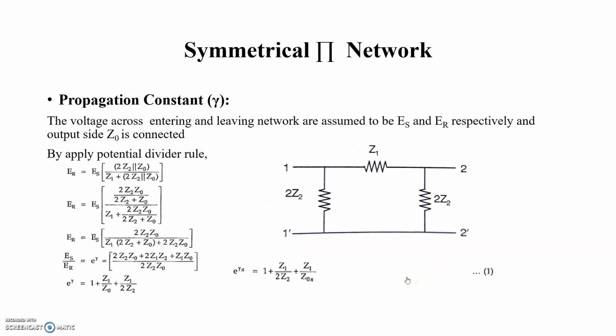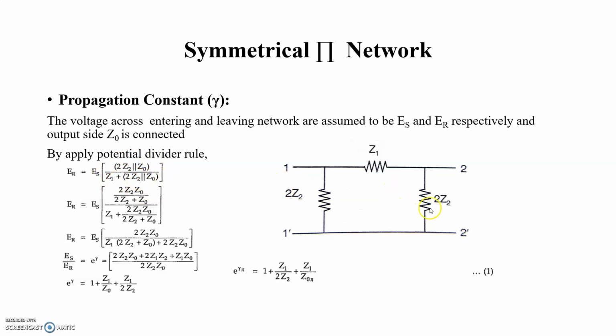Next, the propagation constant. The voltages across the entering and leaving nodes are assumed to be ES and ER respectively, and the output side is connected to a resistor Z0. Apply the potential divider rule. What is the potential divider rule? It is the whole voltage times the particular resistance divided by the sum of the series resistances.